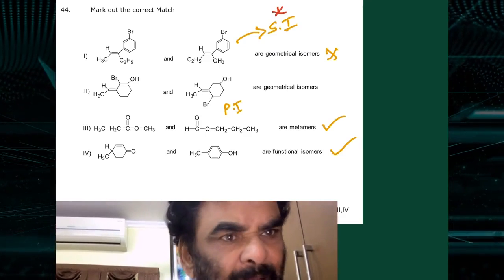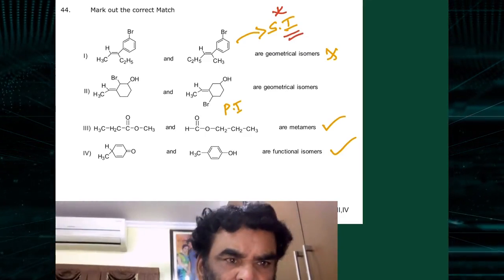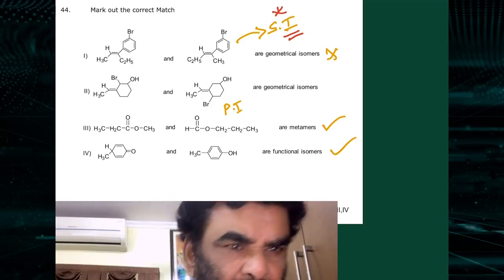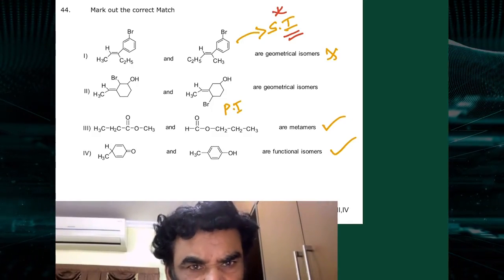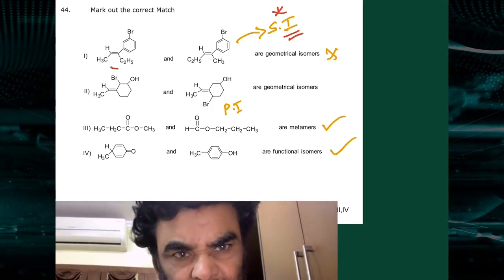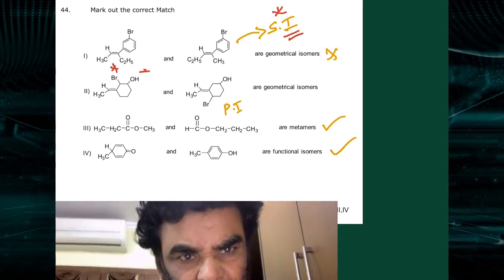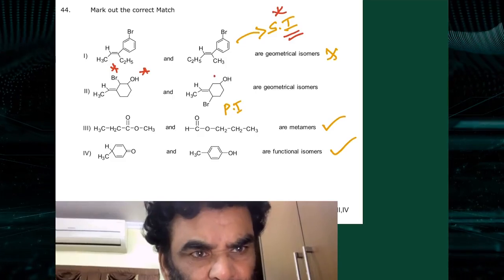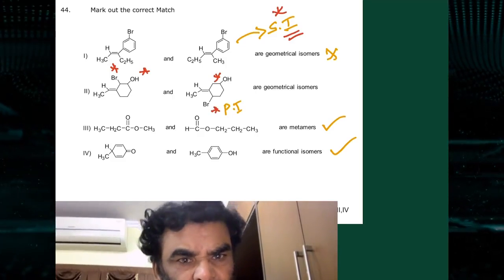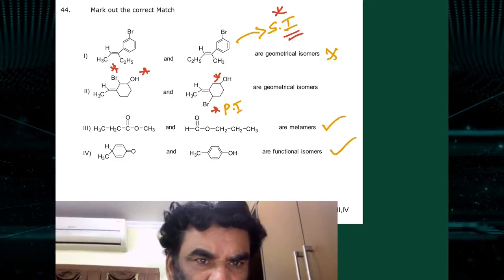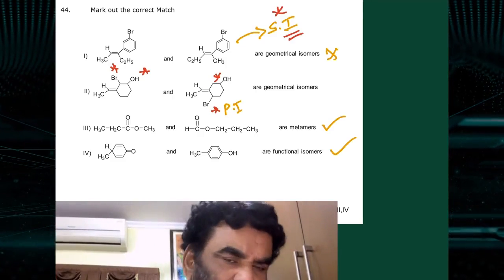So they are structurally different. The next one: are they geometrical isomers? How can they be position isomers? Students, geometrical isomers should have the same structure. Here the position is changed. OH and bromine have the 1-2 relation, here the 1-4 relation. They cannot be geometrical isomers, they are structural isomers.